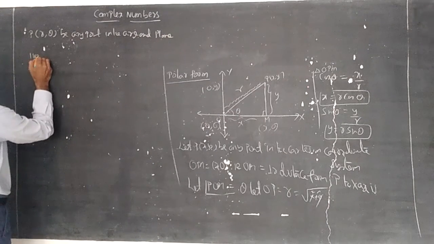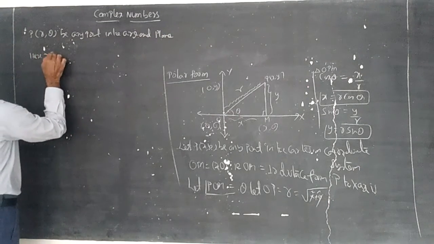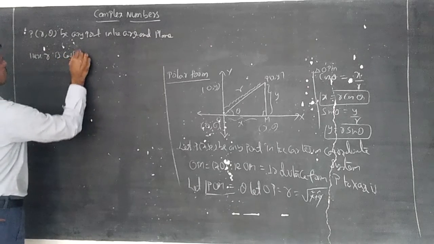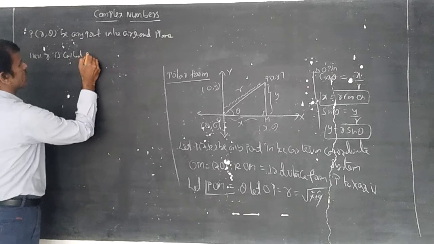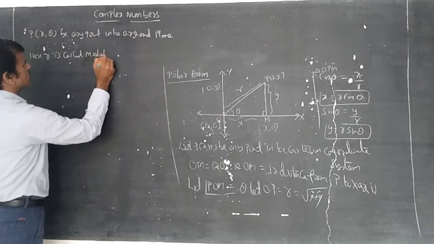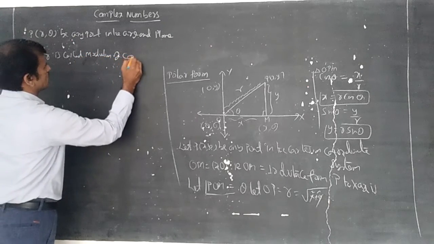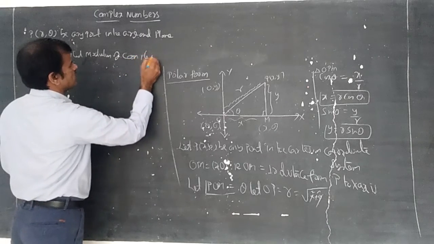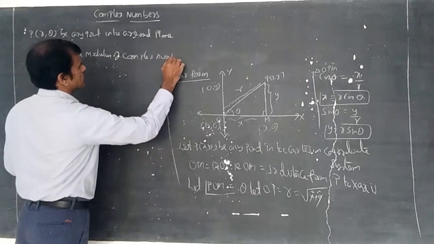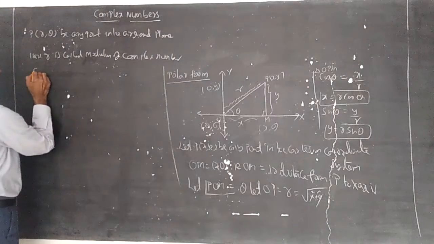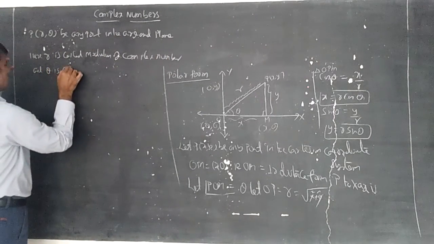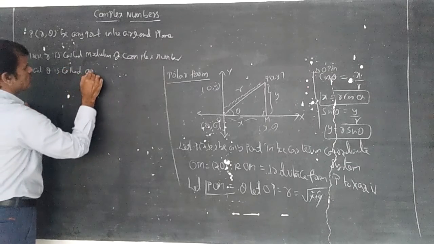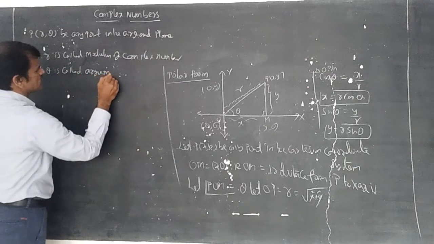Here R is called the modulus of the complex number, and theta is called the argument of the complex number.